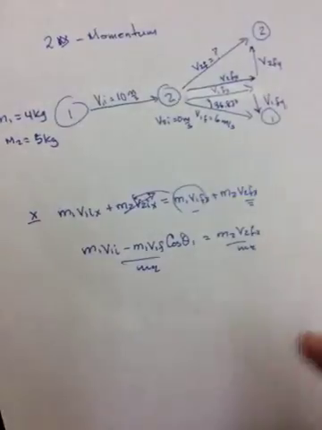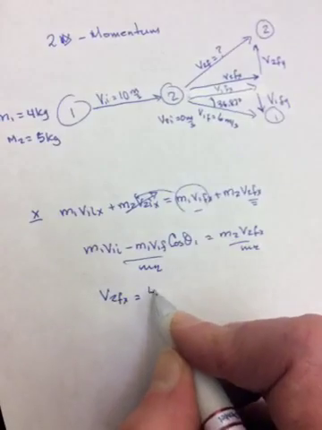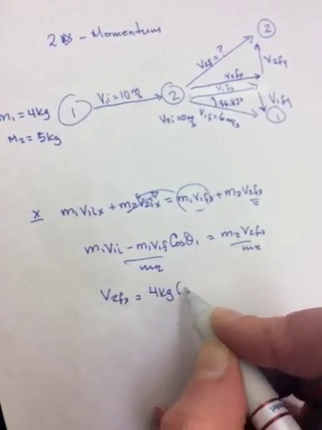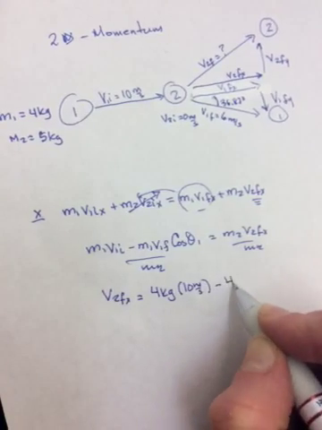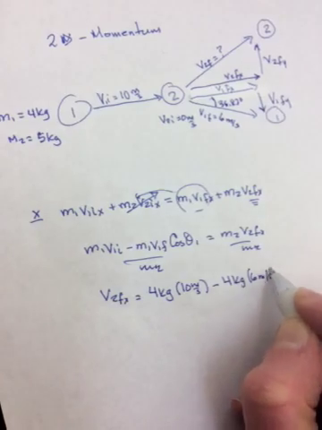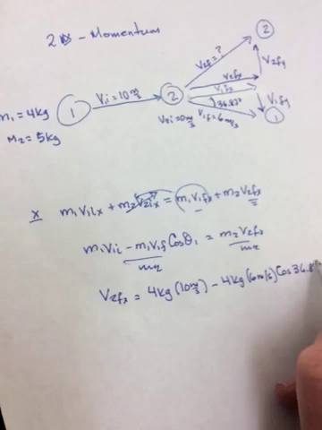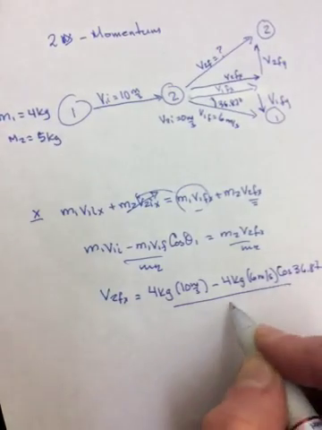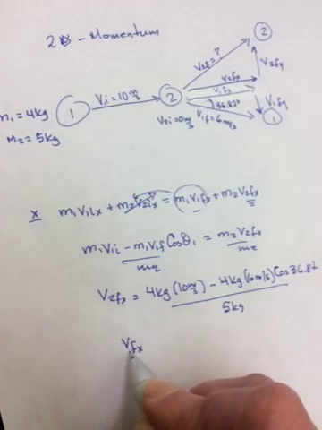Okay, and so we can fill our numbers in to get V2Fx. So V2Fx will equal M1 was 4 kilograms, V1x initial 10 meters per second, minus 4 kilograms, final was 6 meters per second, and then cos of 36.87, and then we're going to divide that by 5 kilograms, and we'll get V2Fx.